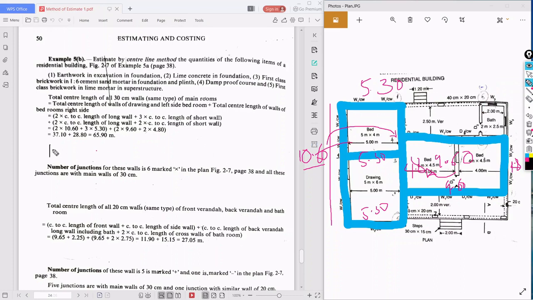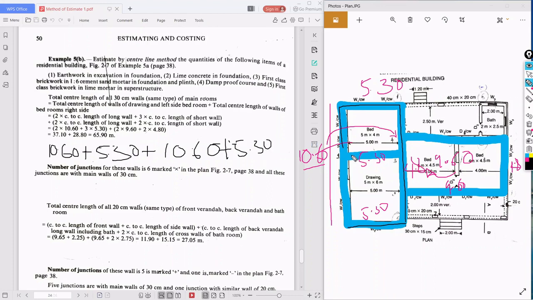So what I'm taking: 10.60 plus this 5.30, 5.30 plus this one over. Now I'll take this one full, 10.60. Next this one plus 5.30.